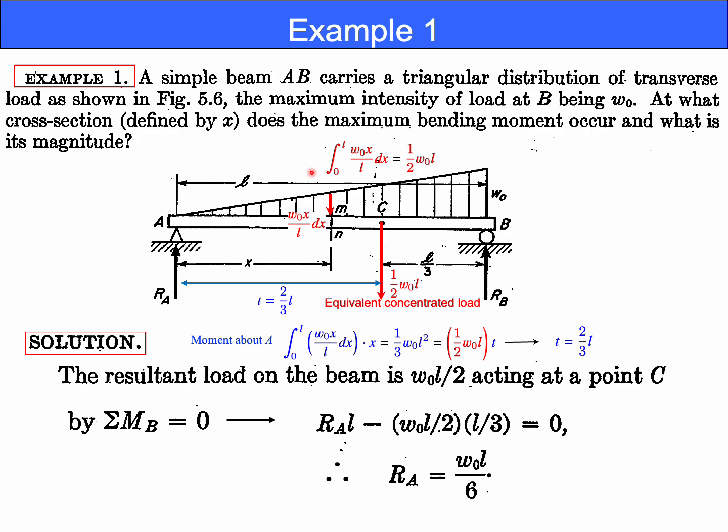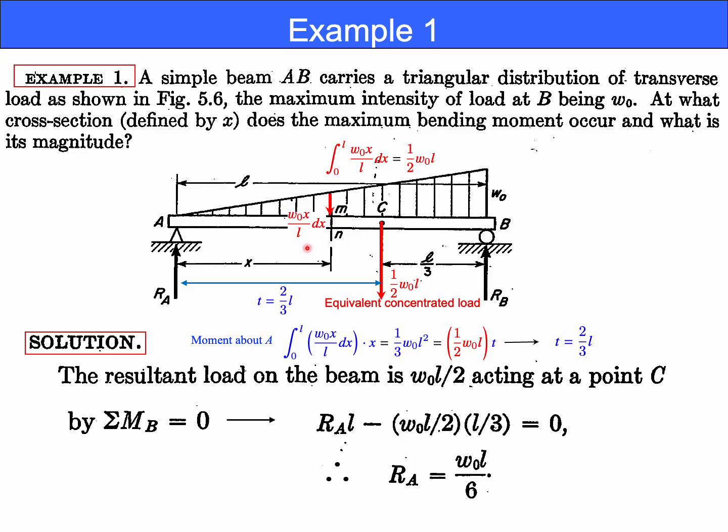A simply supported beam is carrying a triangular shaped distribution of transverse load. At x, an arbitrary point, the distributed load is considered over the distance dx. Let's consider this infinitely small distance.